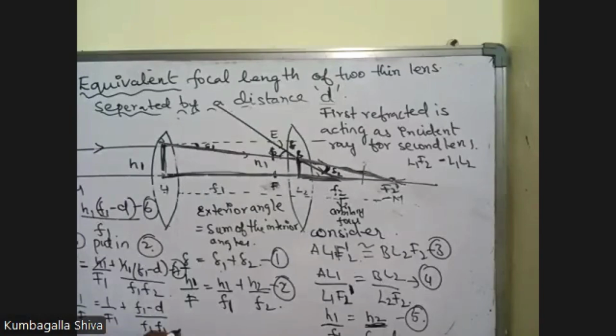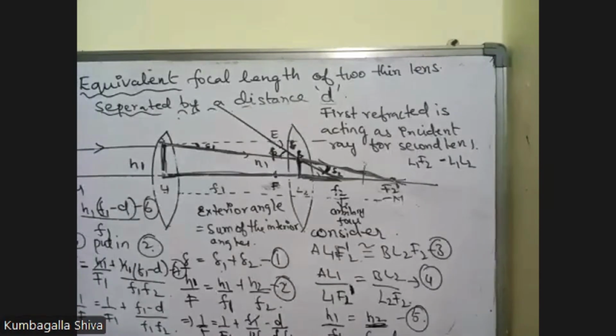Now if you separate and write it, what you get? 1 by F is equal to 1 by F1 plus 1 by F2 minus D by F1 F2. Clear? Am I clear?